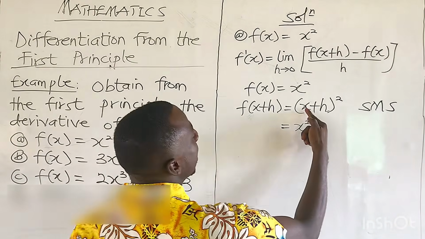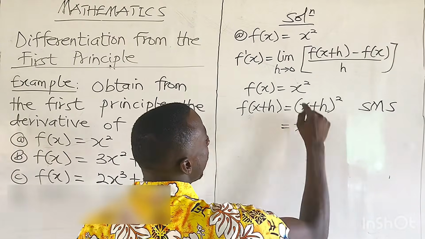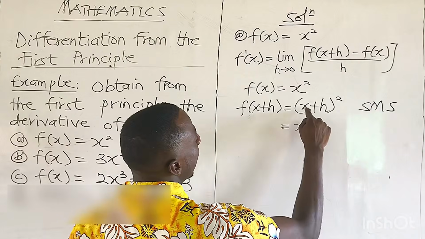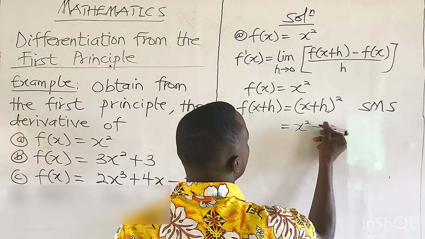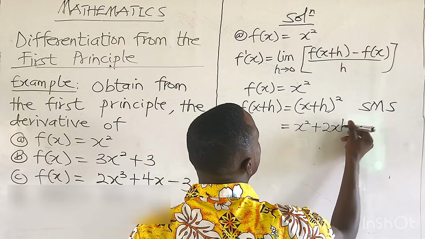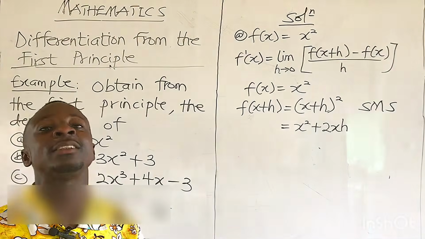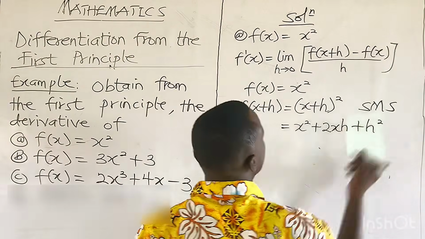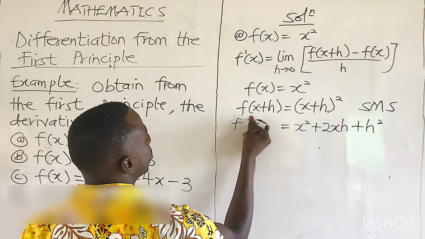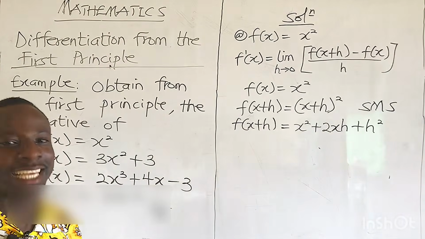We are going to multiply each term we have here. So x times h, we have xh times 2, we have 2xh. The last S also means squared. So we are going to square the last term, we have h squared. So this will be our f of x plus h.